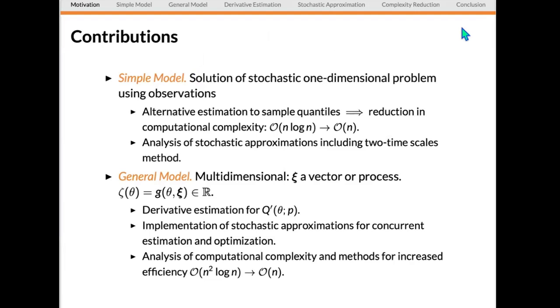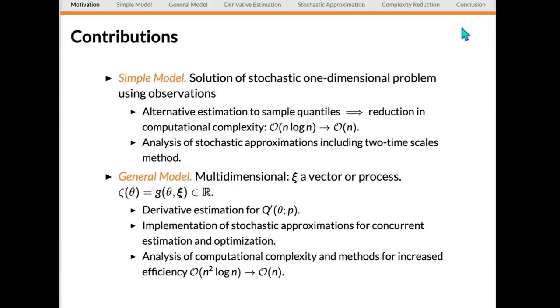Basically, amortized analysis tells me that I go from log n to order of 1, meaning each step is going to take the same amount of time. That's one of the contributions. And of course, we have analysis of stochastic approximations. I don't think I'm going to talk about the two timescales in this talk. It's a little bit more detailed, and if you have questions, you can ask me.